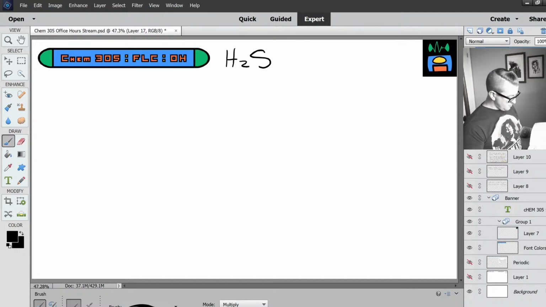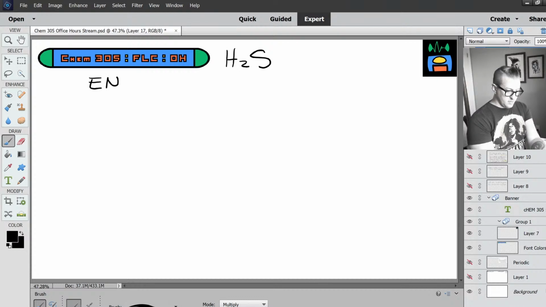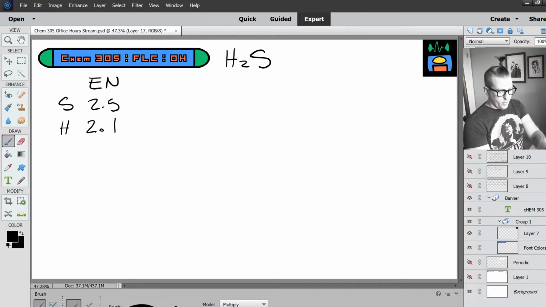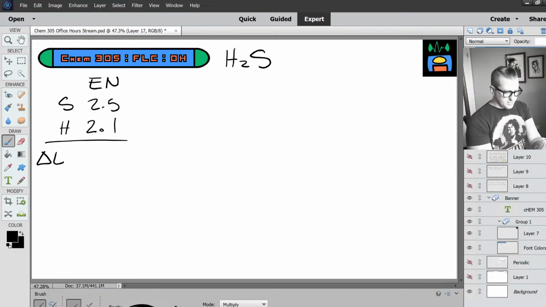electronegativity table. There it is. Okay, so if you look at the electronegativity for sulfur, of course, electronegativity for sulfur is 2.5. And the electronegativity for hydrogen is 2.1. So here the difference in electronegativity is 0.4.